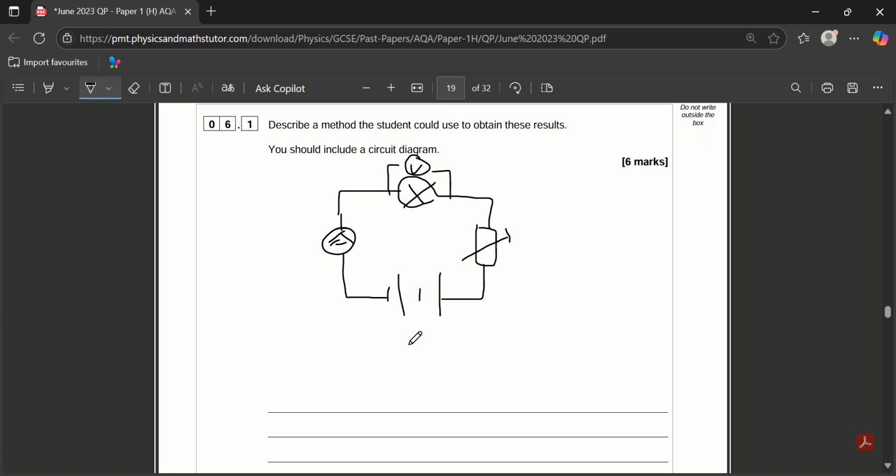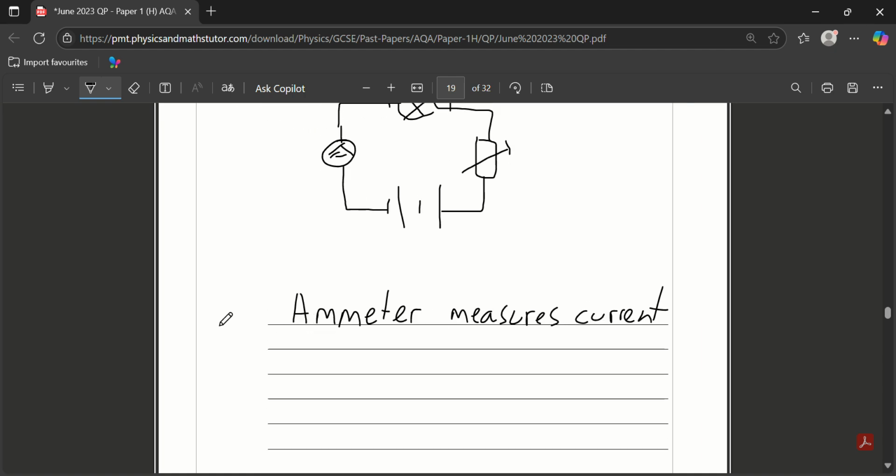So let's write down what each part does. Ammeter measures current. Voltmeter measures potential difference. Let's write PD.